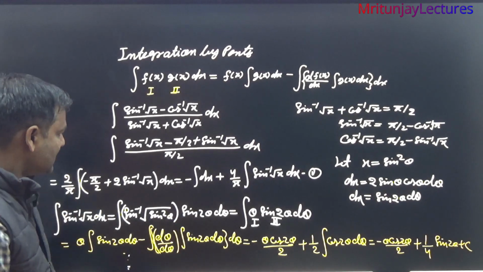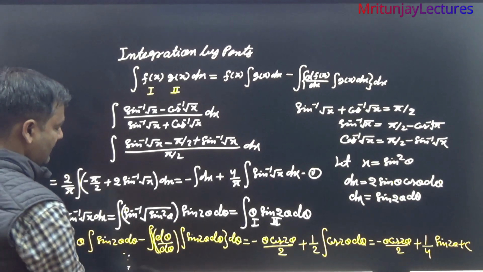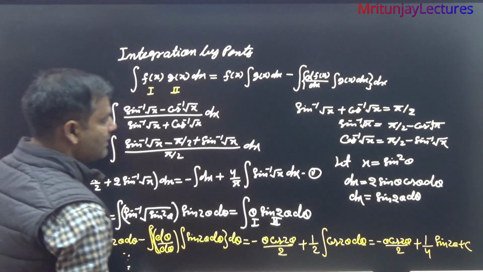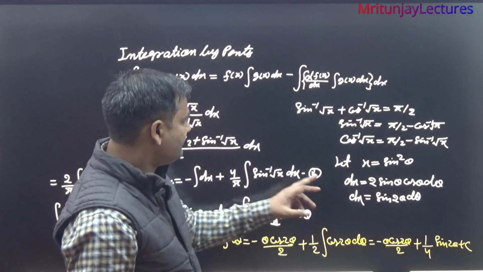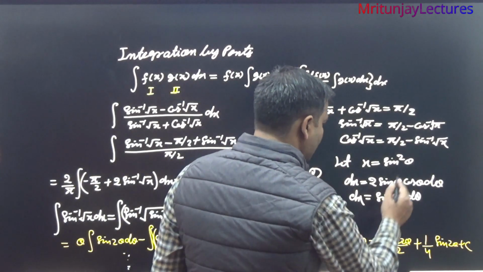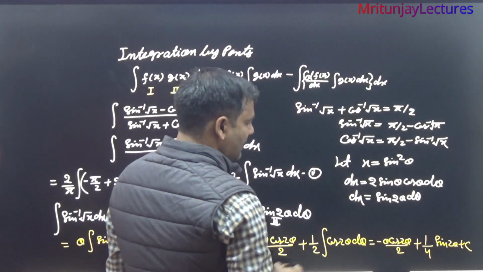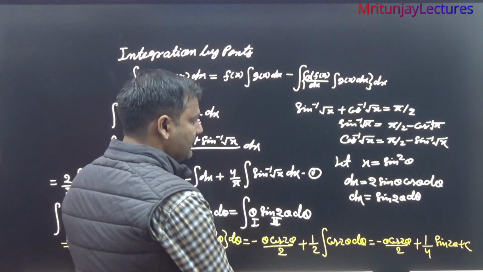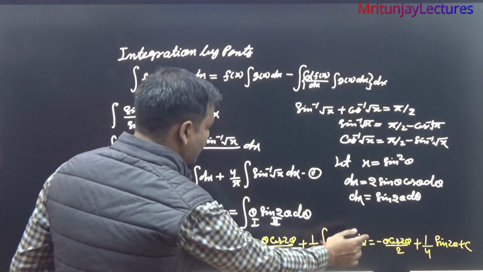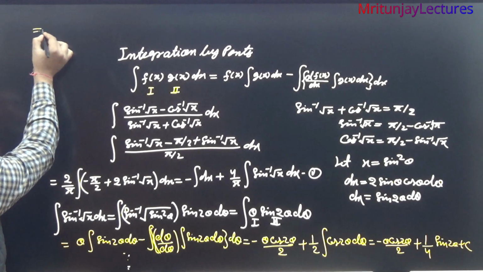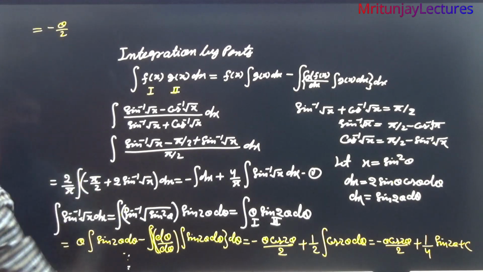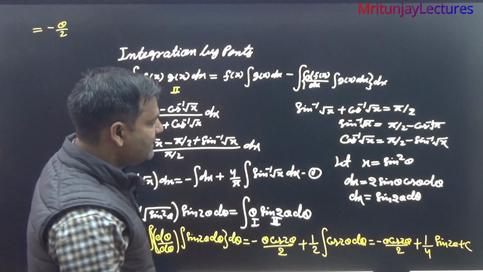Okay, now after that, what about cos 2 theta and what about sin 2 theta? Simply, that one is written as minus theta by 2 into cos 2 theta, written in terms of sin.